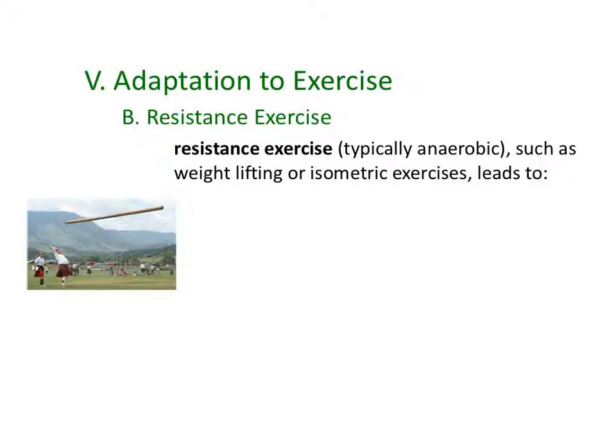The second type of exercise is resistance exercising. This would typically be anaerobic and includes weightlifting or isometric exercises, which typically lead to muscle hypertrophy.